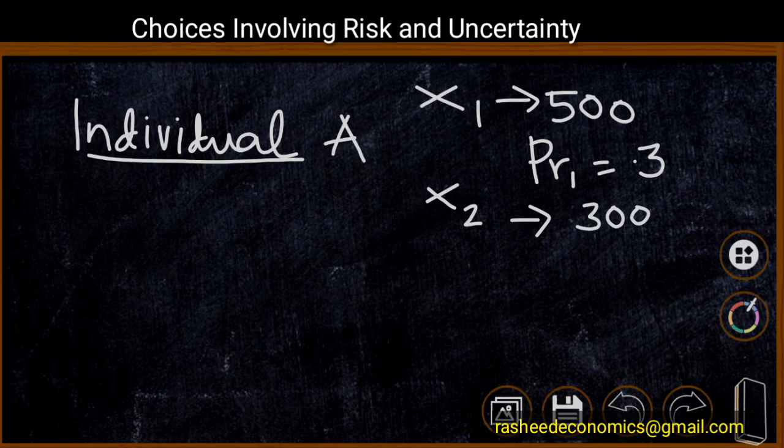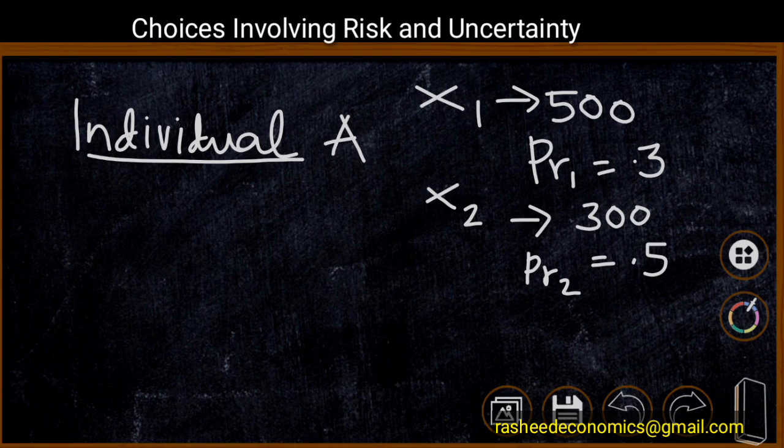If the company is not performing up to this level but performing at a satisfactory level, then the investor can earn a profit of 300. Therefore outcome X2 is 300, or payoff associated with X2 is 300, and probability of this outcome is 0.5.